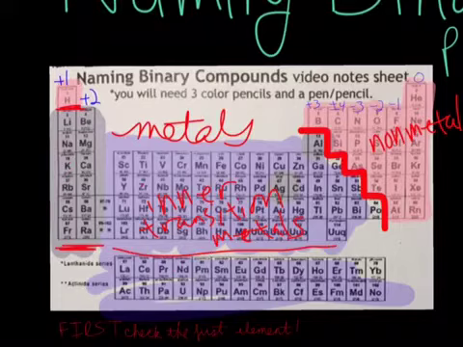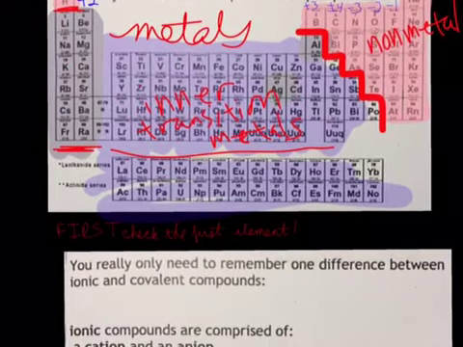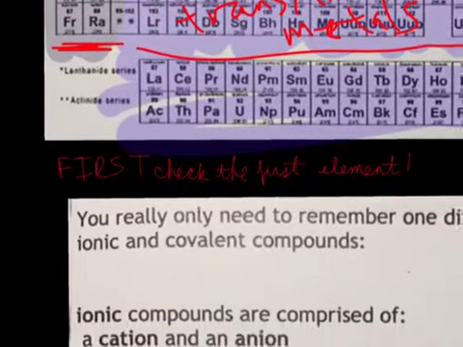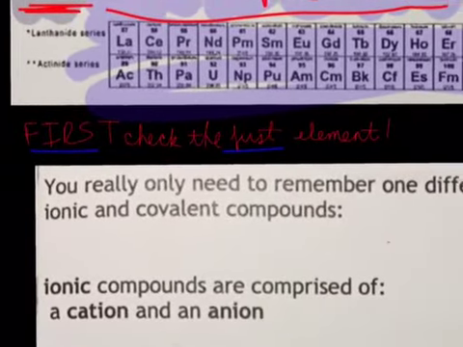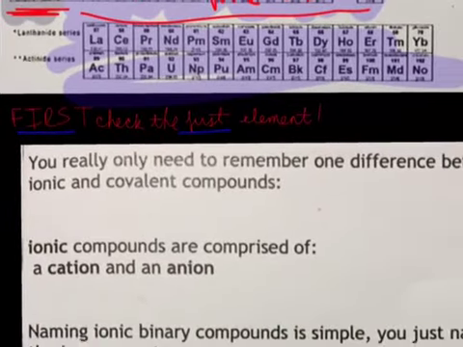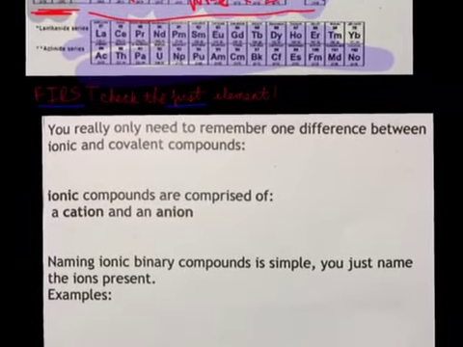Okay, so going to your notes, the big thing you need to start off with is this right here. First things first, check the first element. So, you really only need to remember one difference between ionic and covalent compounds.